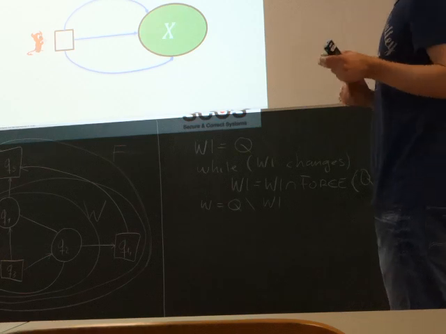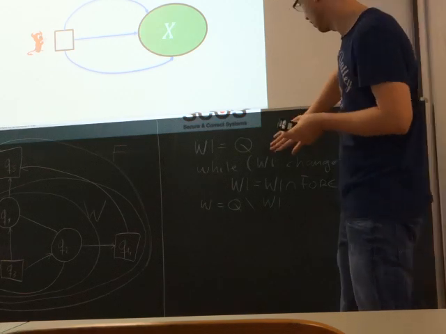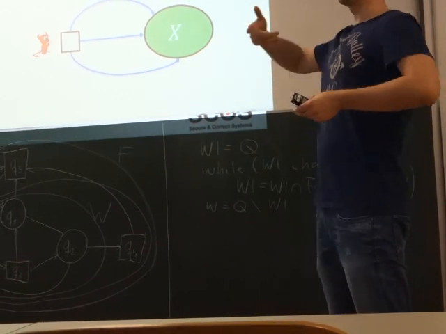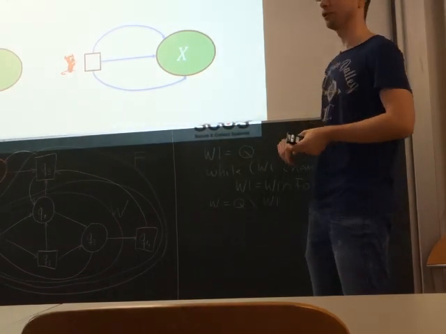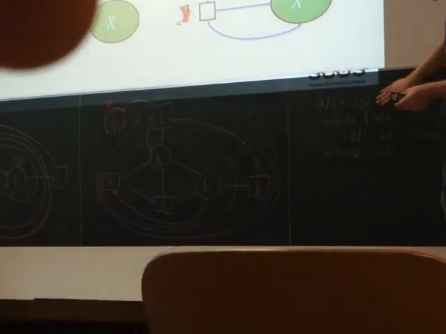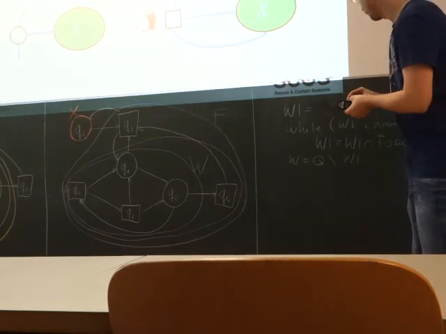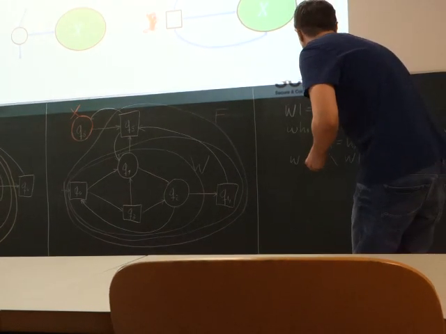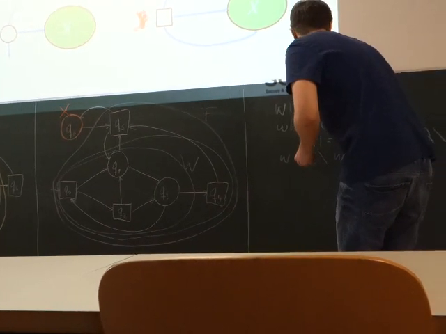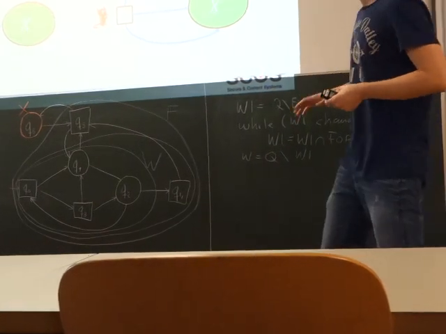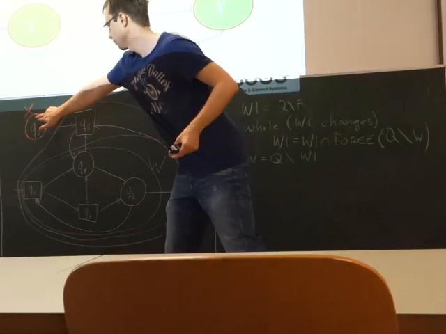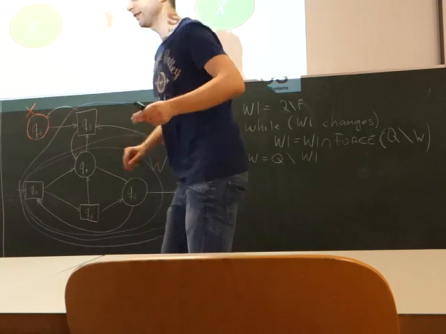Well, what we could do is, if you take this approach of doing it from the perspective of the evil guy, then you could say, well, also here Q without F is the initial set of bad states.